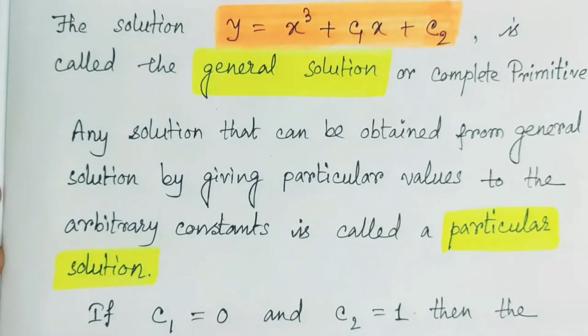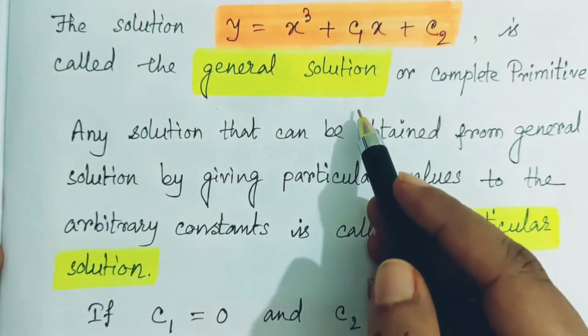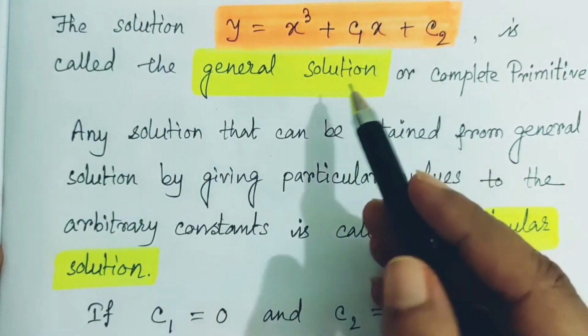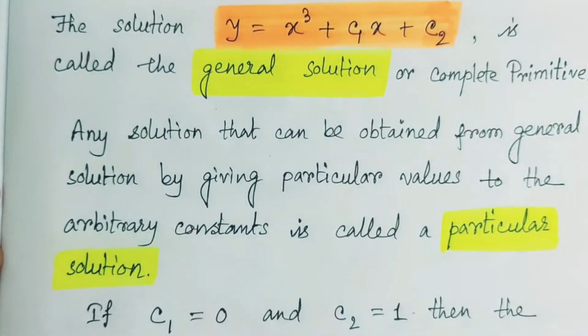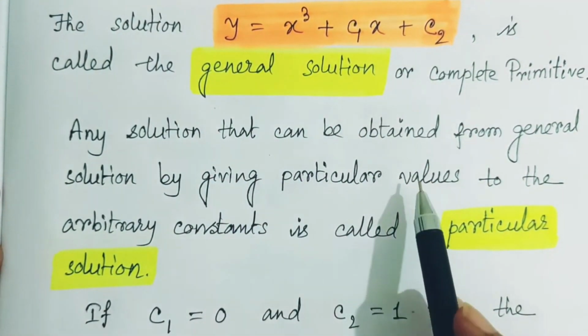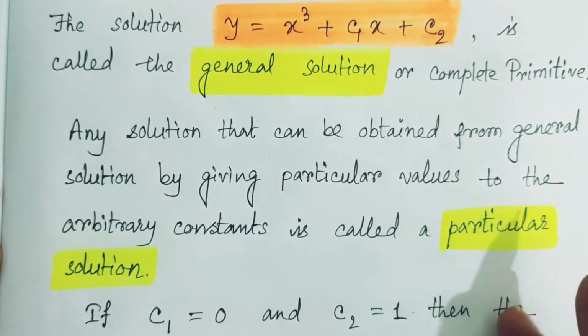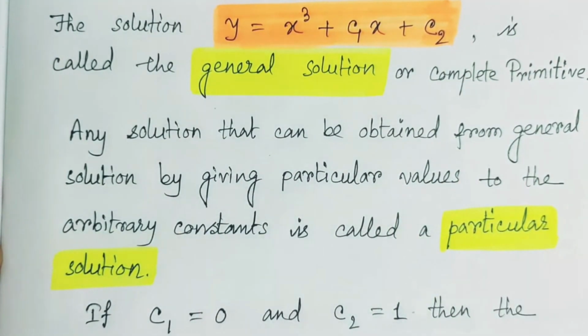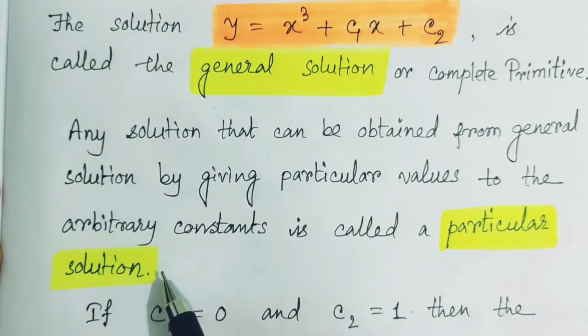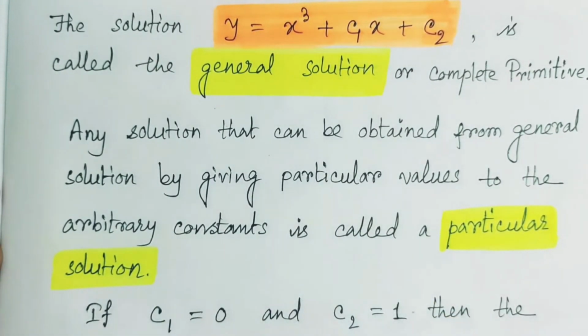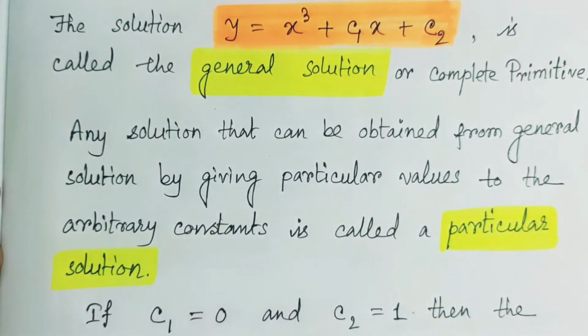Now if this one is the solution for the given differential equation, then this is called the general solution of the given differential equation, which is also called the complete primitive. So the general solution is very simple. Any solution that can be obtained from the general solution by giving particular values to the arbitrary constants is called a particular solution.